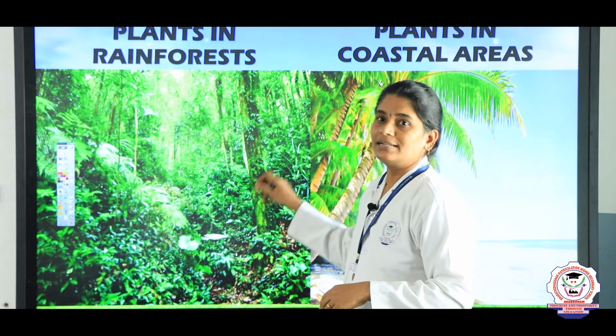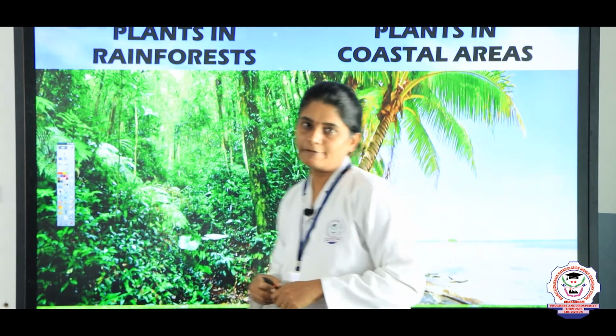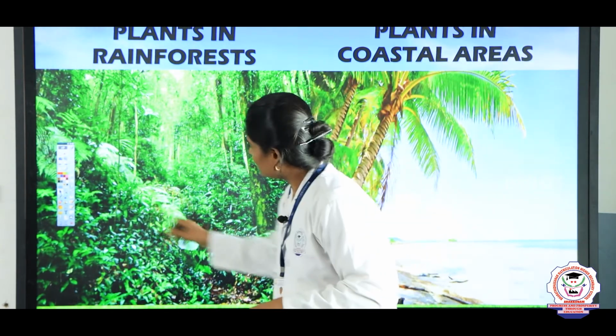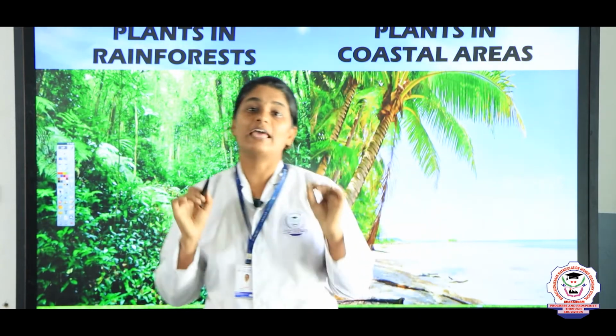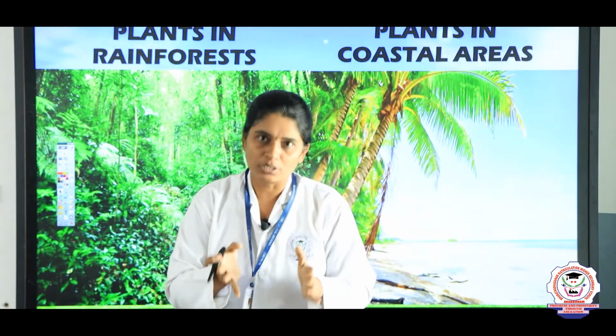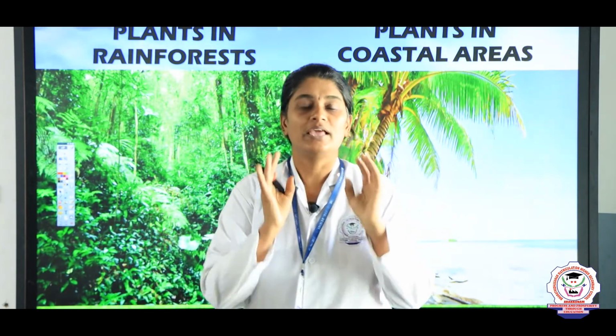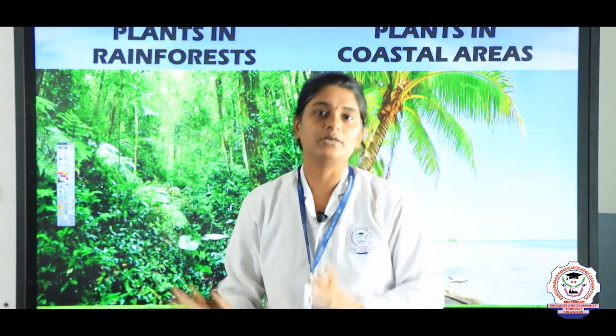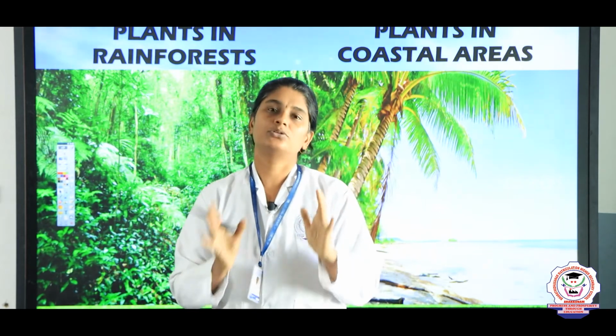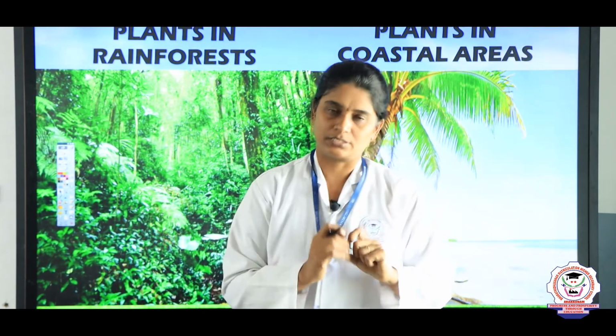Many animals also live in the rainforest. The trees in the rainforest are also evergreen. They will not shed their leaves, so throughout the year they have leaves. They are called evergreen trees, right.